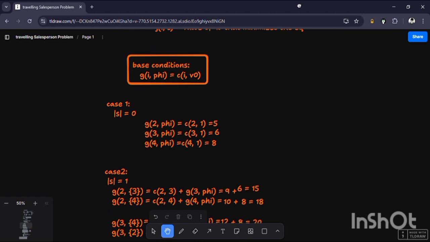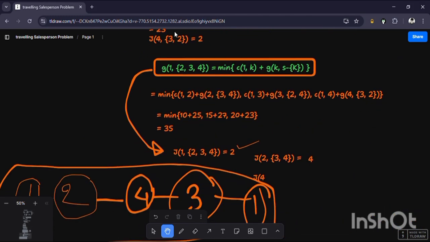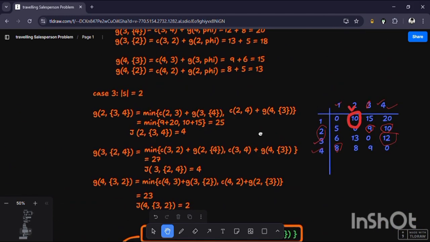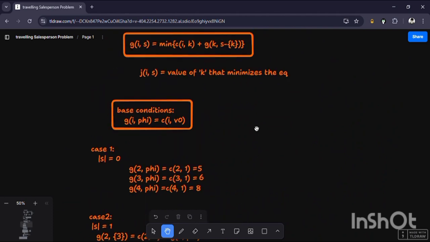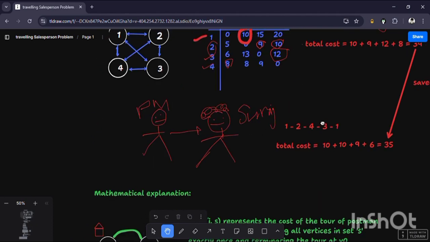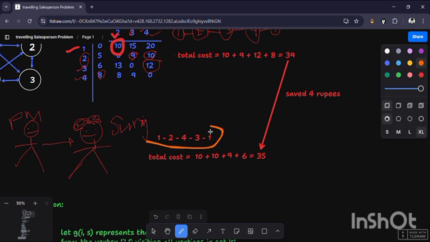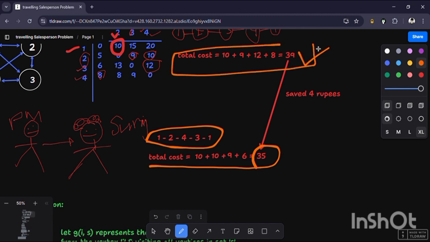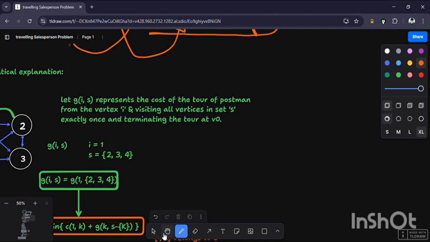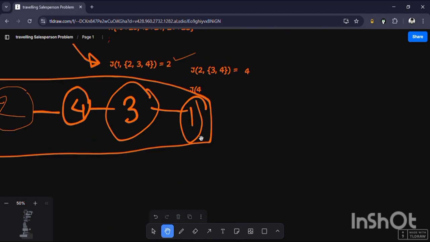The path is 1 2 4 3 1, right? This path cost him 35, which was less than the postman's previous path. So this is how Suraj calculated this path using dynamic programming. So that's all. Thank you.